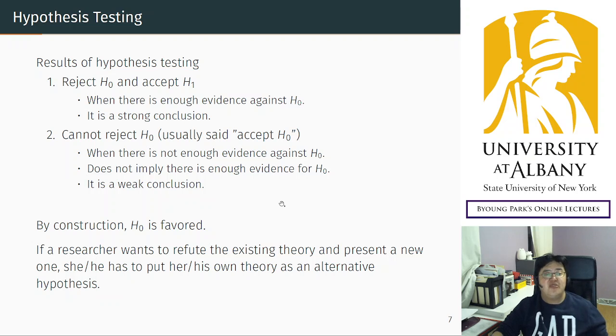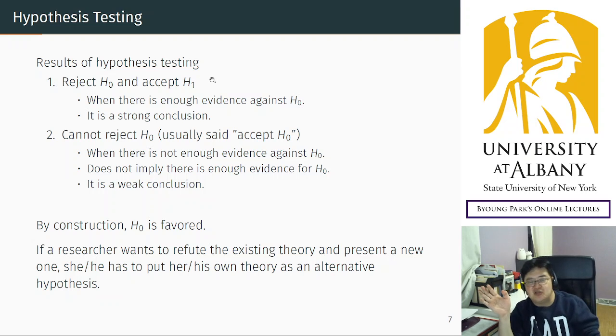Then given this structure, the result of hypothesis testing should be yes or no. One is to reject the null hypothesis, the incumbent hypothesis, and accept the challenger. That is one possible decision.